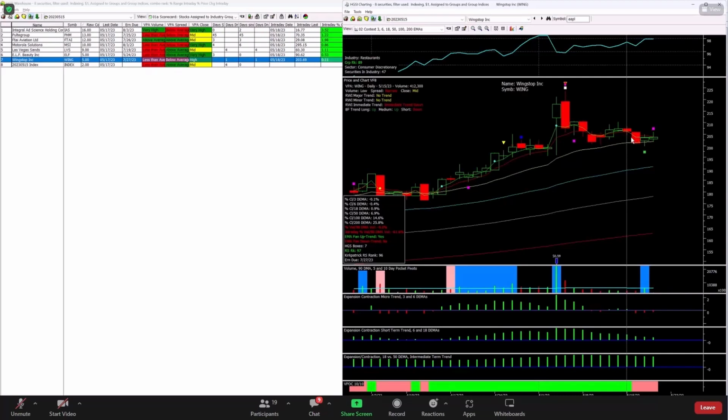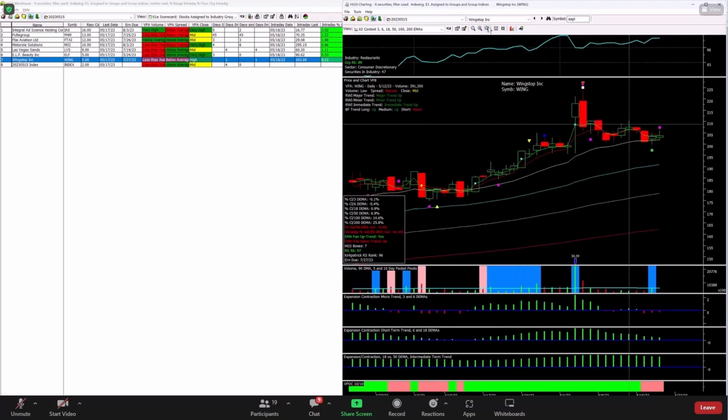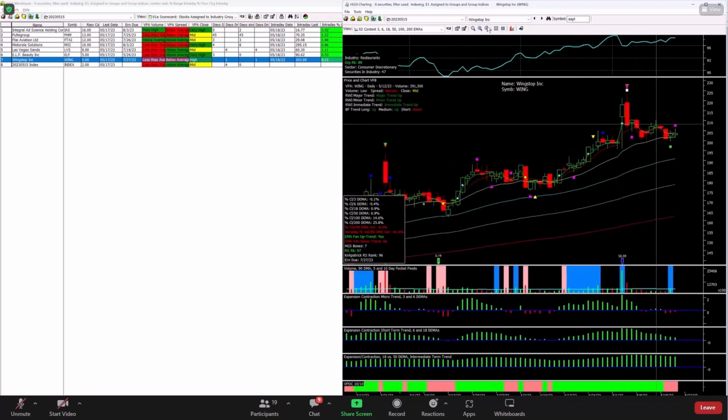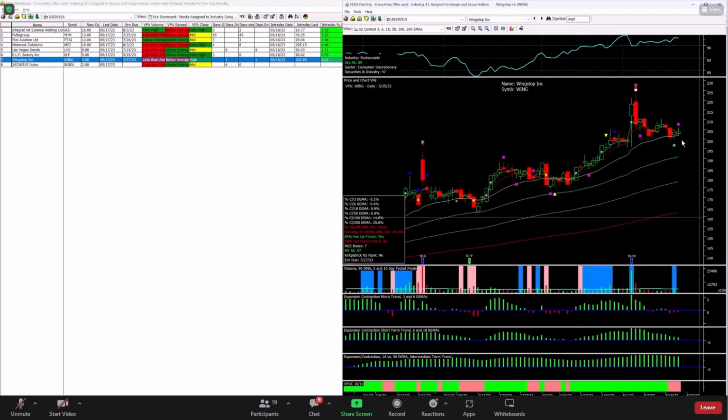Crosshair on here. It was setting up, looked like it might go again, but this wouldn't have been purchased because using this as a pivot, it would have to take out this right here, and it didn't get executed. But still, this is a trending stock that is above the 18.